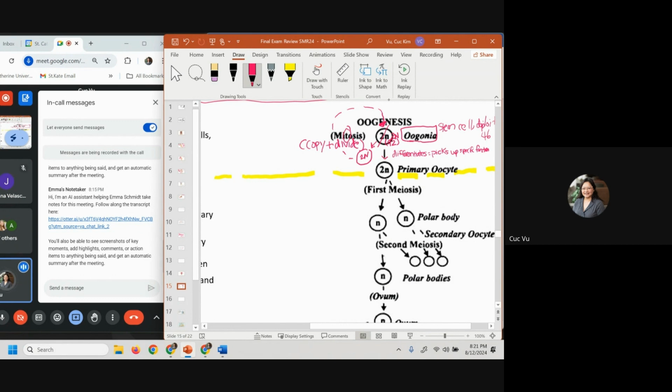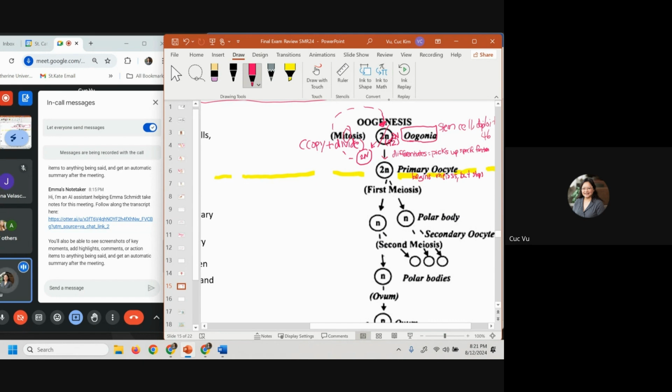Okay. Now the primary oocyte is going to begin meiosis. In other words, because it's decided to become an egg, it's going to begin meiosis, but it stops. Why does it stop? I saw a video that because we're born. Yeah, exactly.